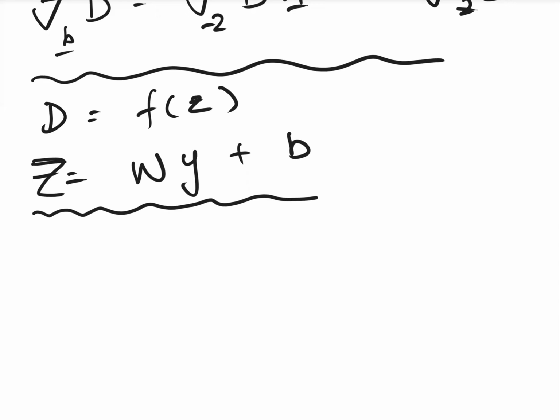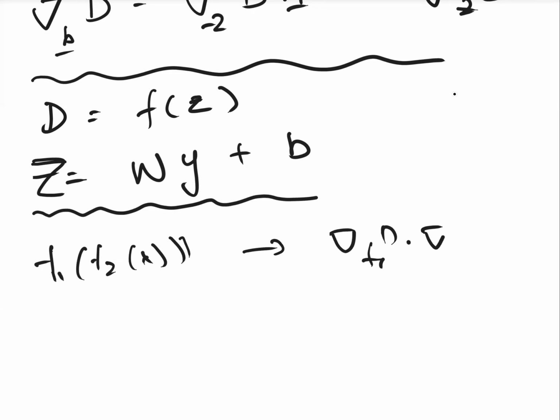But remember, earlier when I had f1 of f2 of x, then the derivative of d with respect to f1 times the derivative of f1 with respect to f2. You kept right multiplying, right? But in this case, this only holds where everything's a vector or a scalar.